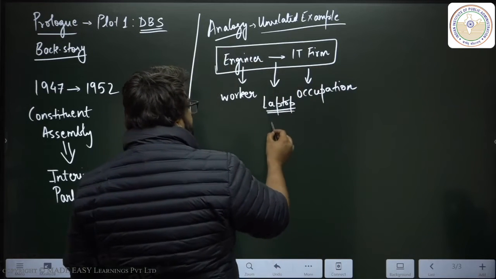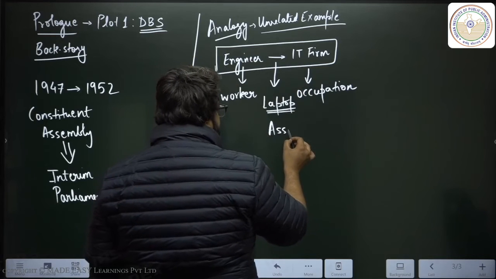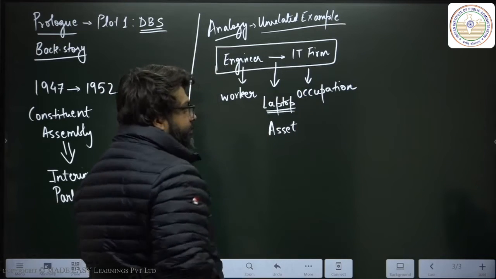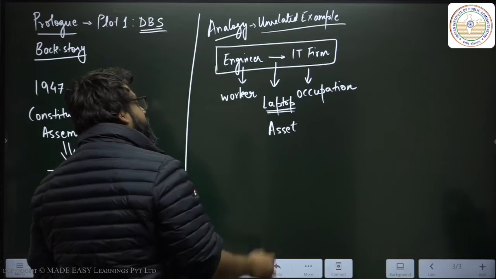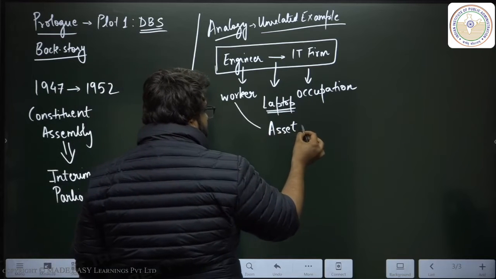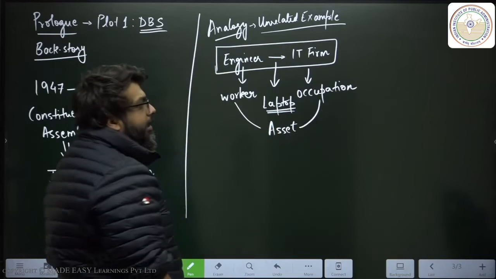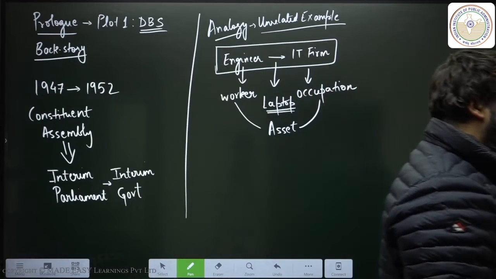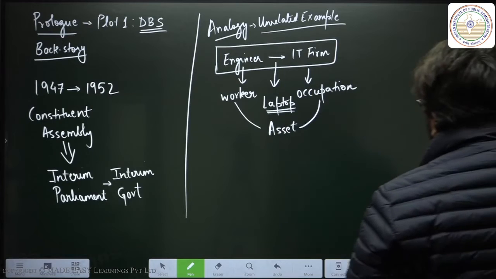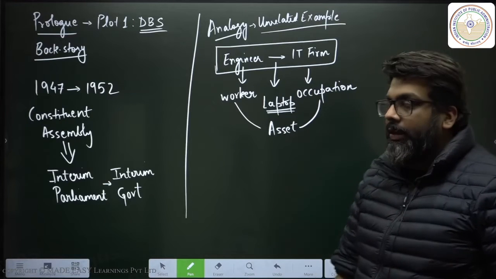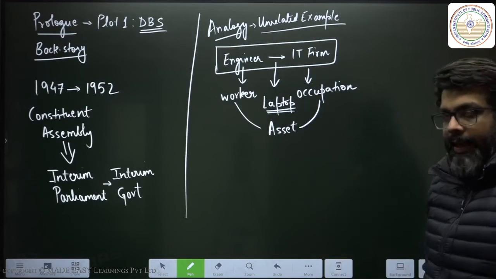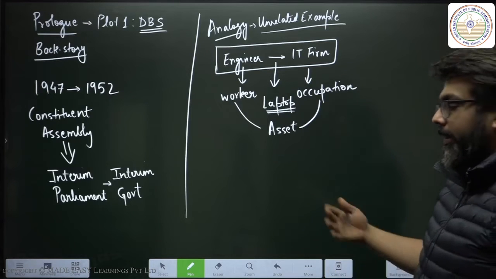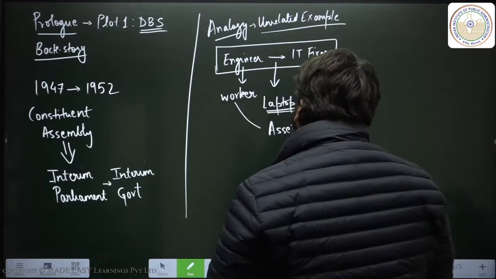And this laptop or computer is the asset. If you notice, the worker, the asset, and the occupation are equally distributed. Every engineer will have access to at least one laptop so that they can continue to do their job.